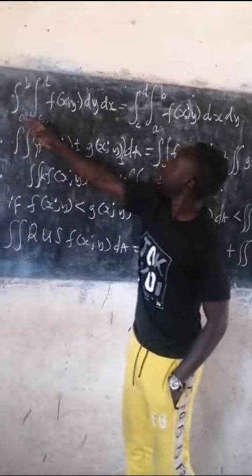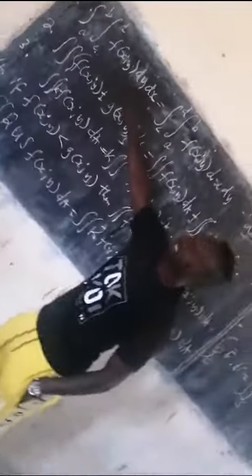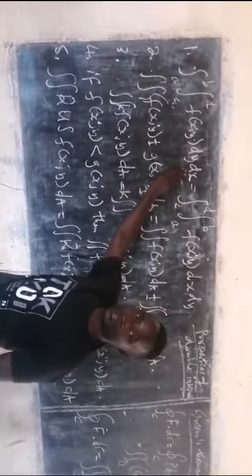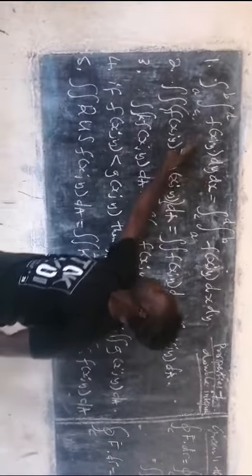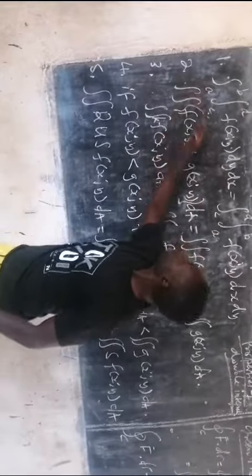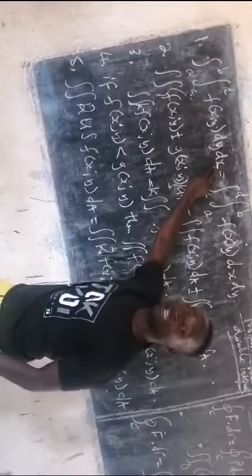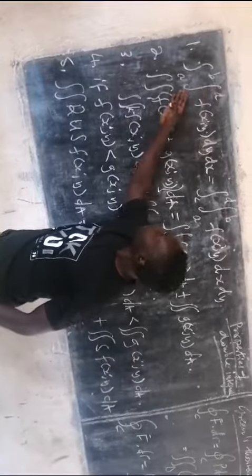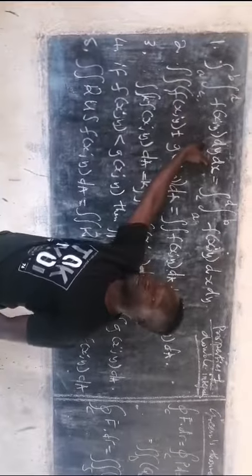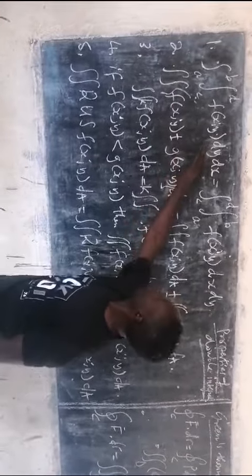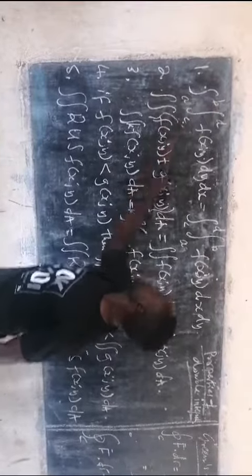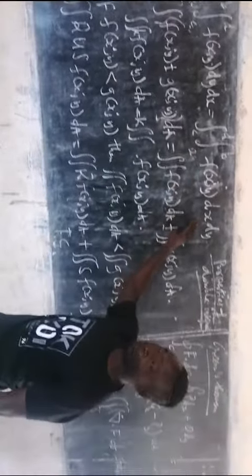If we change the limits, we also change the dy and the dx, because the first limit here corresponds to the last dx, and the second limits correspond to this one. So if you change this one, you also have to change the limits, like what is happening here.